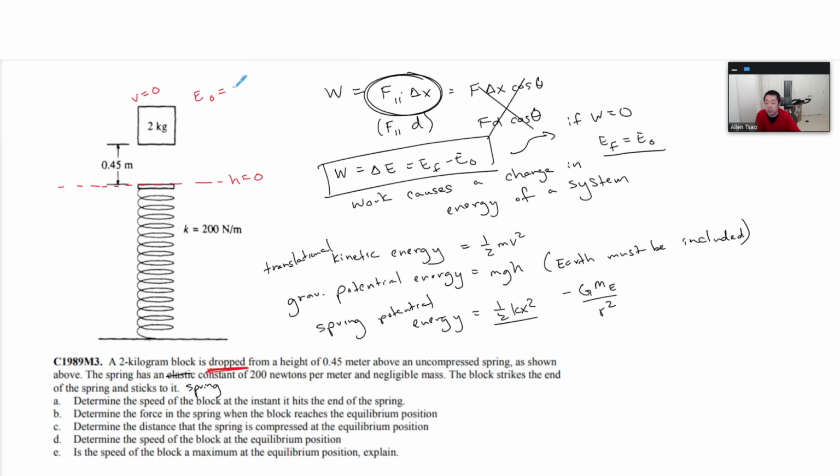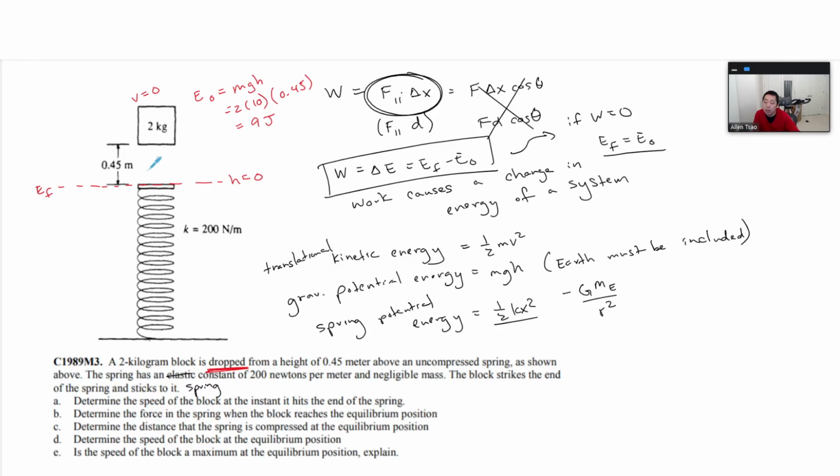There's potential energy, mgh, which is 2 times 10, if I use g of 10, and h is 0.45. And so that would be, I think, 9 joules.